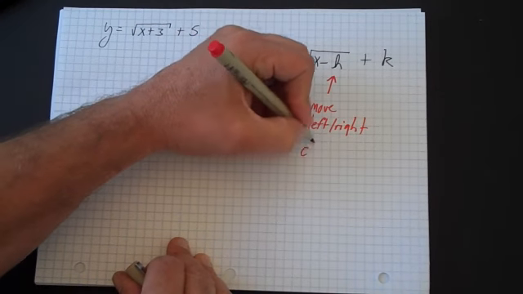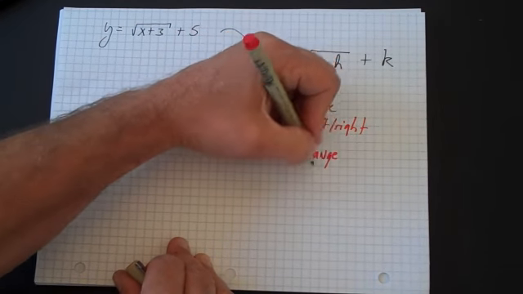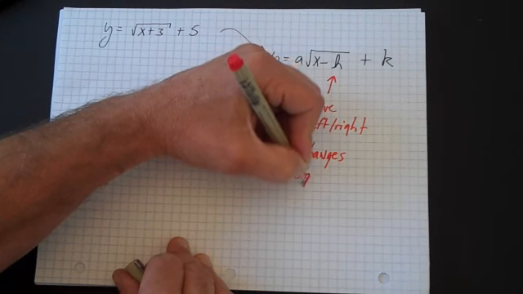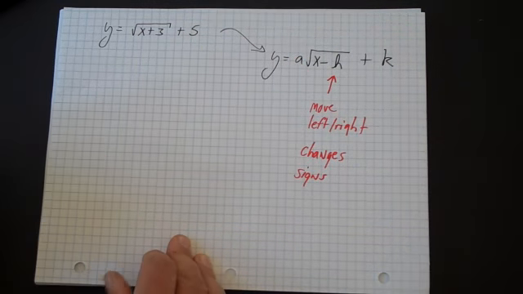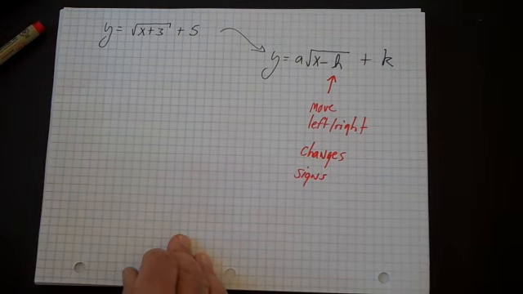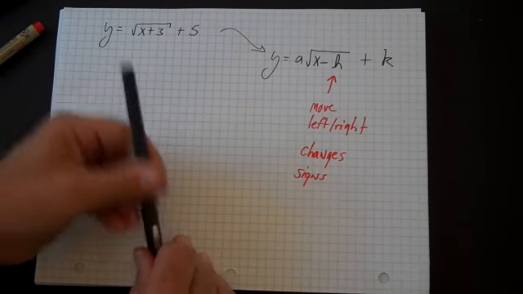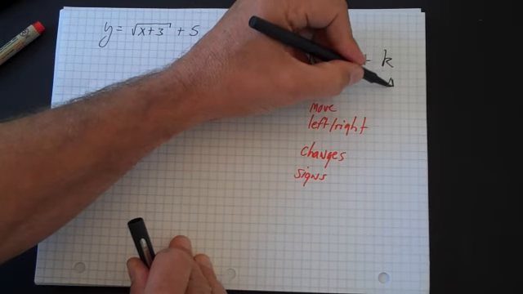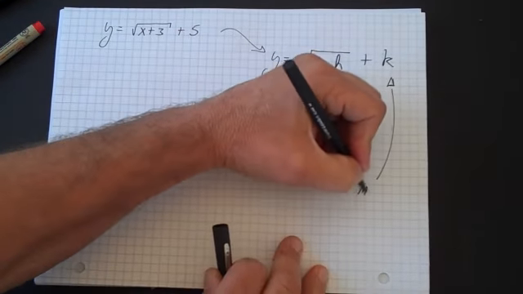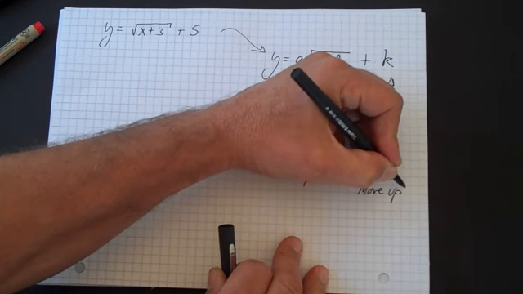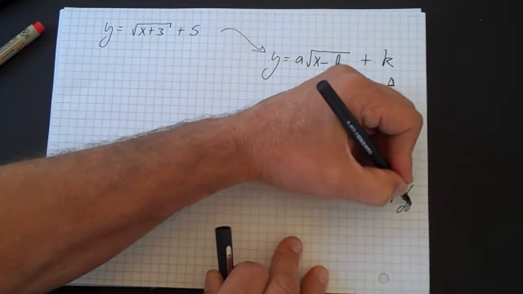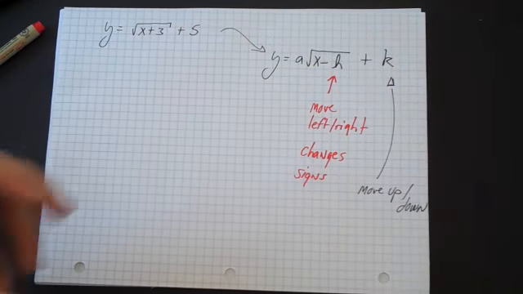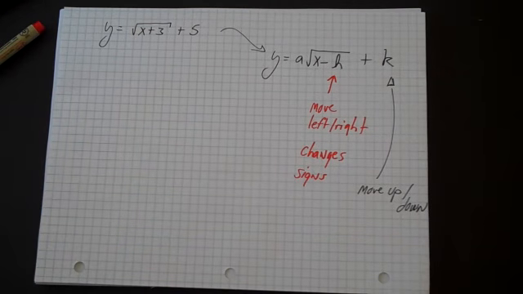And the key is it changes signs. The key with the k here is the k is going to move it up and down. But the key is it moves it up and down and it doesn't change sign.